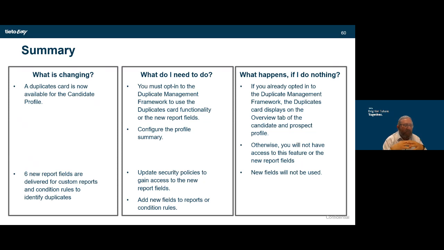Since they're tied to the public reporting items, that shouldn't be such a big problem, but just be aware that they are new fields. And again, if you do nothing but you've opted in, the duplicate card will display on the overview tab. Otherwise, you won't have access to the feature, and the new report fields won't be available.